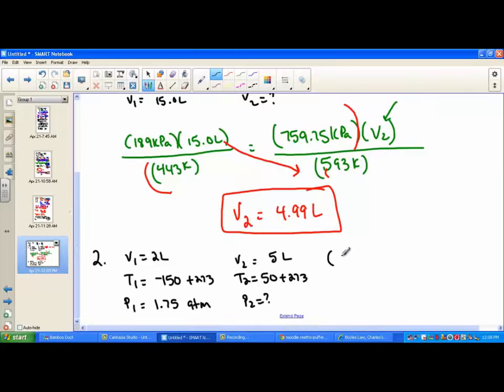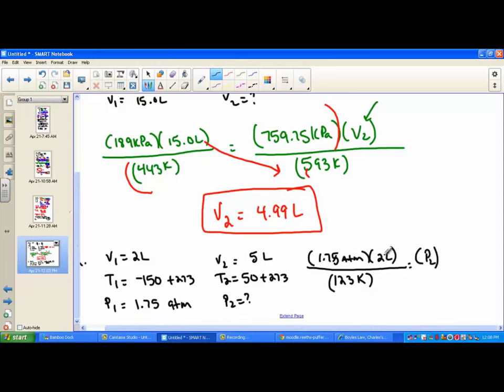Let's plunk them in. P1, 1.75 atm. V1, 2 liters. T1, well, 273 minus 150 is 123 Kelvin. Is that equal to?